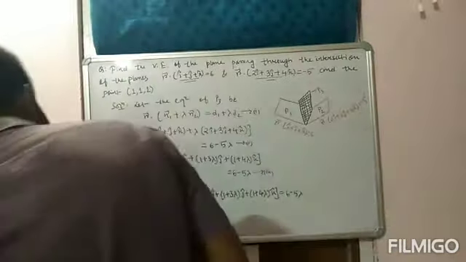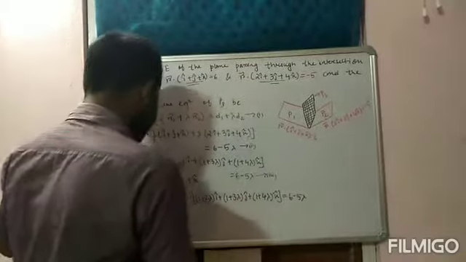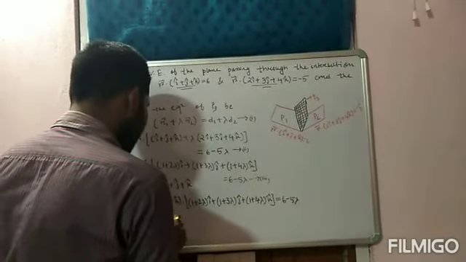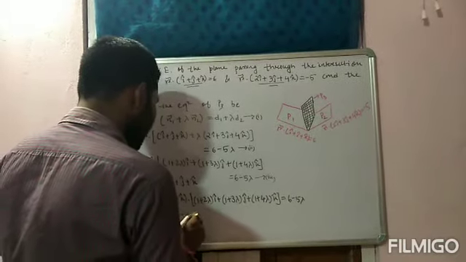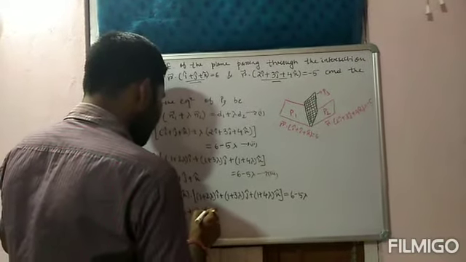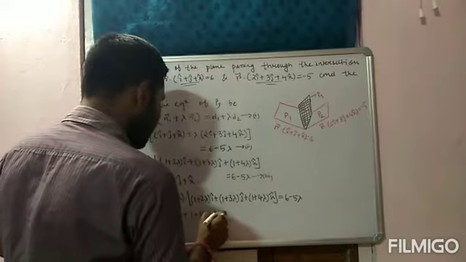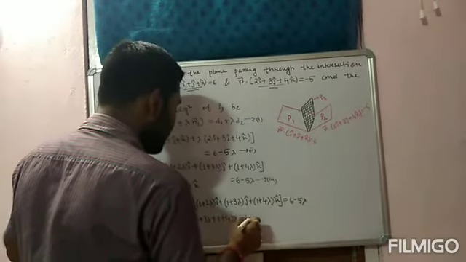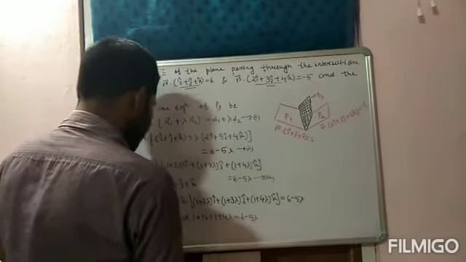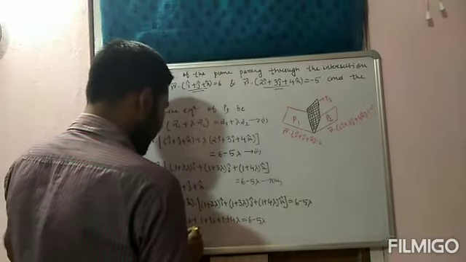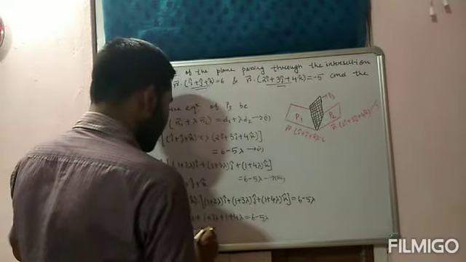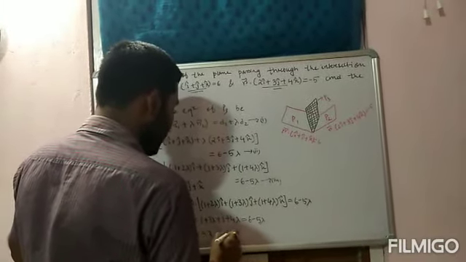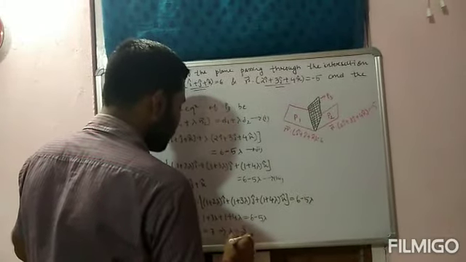Now find the dot product on left hand side. i cap dot i cap is 1, we all know. So 1 plus 2 lambda plus 1 plus 3 lambda plus 1 plus 4 lambda is equal to 6 minus 5 lambda. So that is 14 lambda equal to 6 minus 3, that is 3. So lambda is equal to 3 by 14.